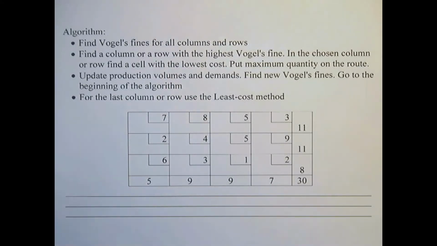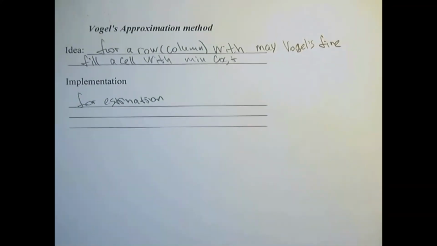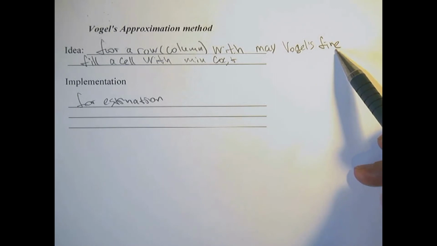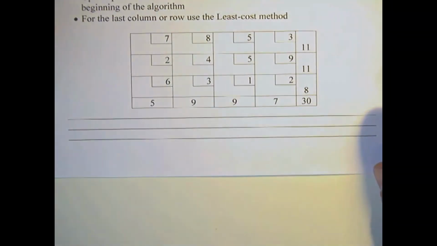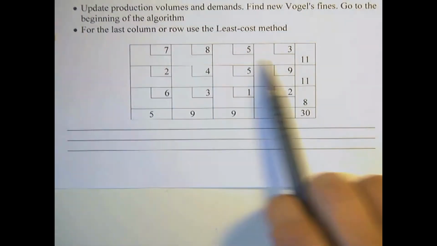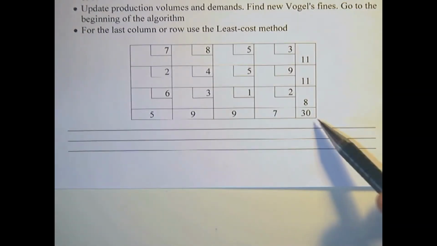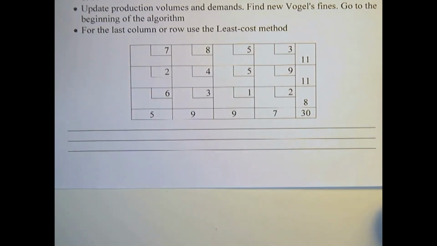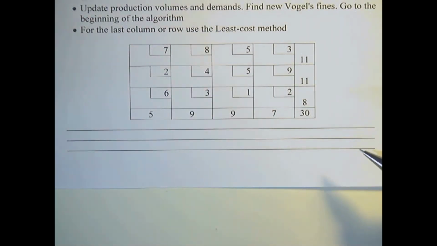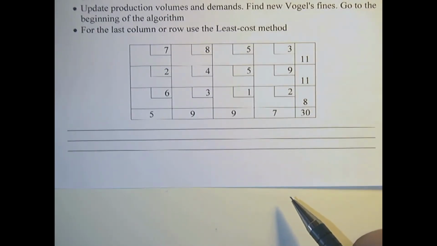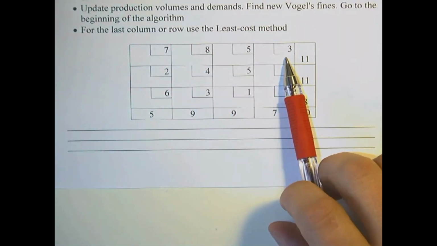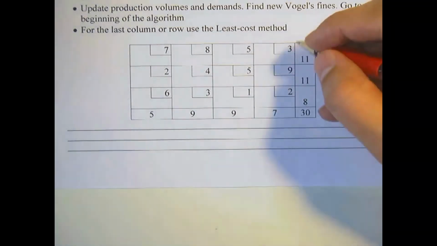And first of all, how to calculate Vogel's fines? Let us consider the first row in this table. We consider the same example as before, and this first row is about the first supplier. First, we need to find the minimum cost in this row. The minimum one is 3.